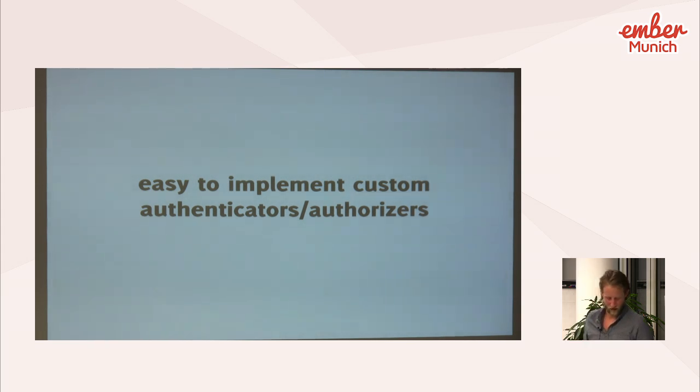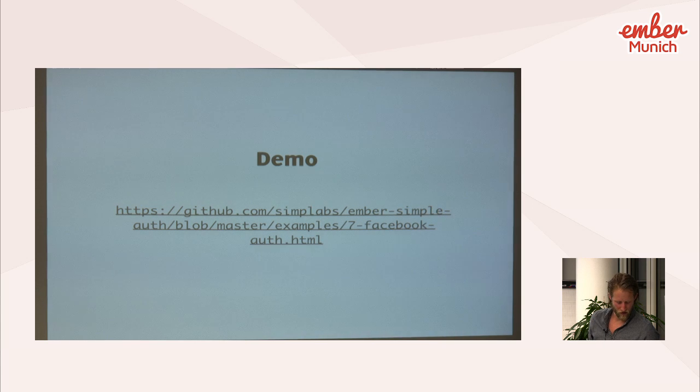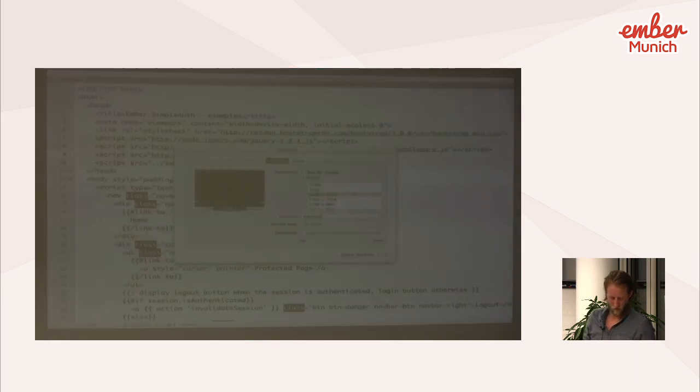That's all defined. But you could really easily implement something, for example, where you have a session endpoint that accepts some sort of JSON data or whatever. And I have a demo that shows how you would write an authenticator that authenticates the user against Facebook, for example.